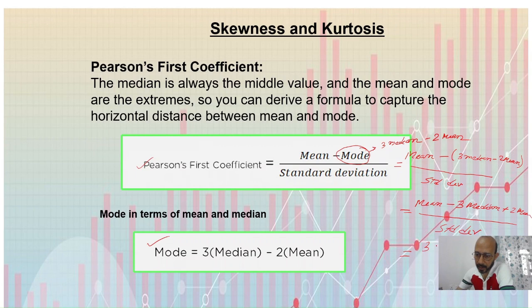So 3 mean minus 3 median, divided by standard deviation. You can take the common factor 3 from both. Now, 3 times mean minus median, divided by standard deviation, that is your Pearson's second coefficient.